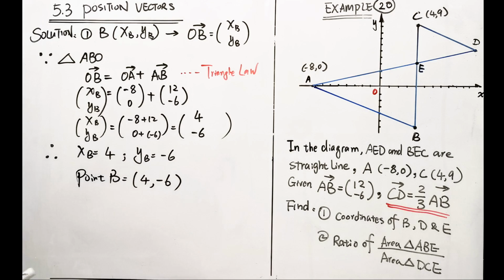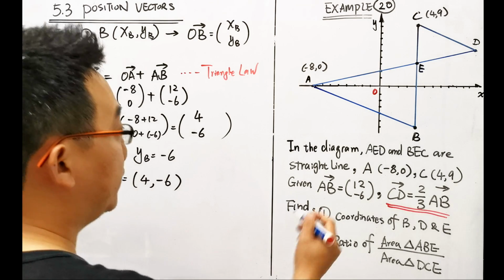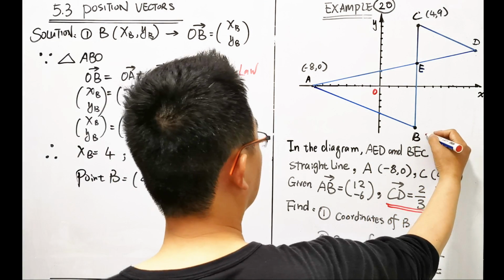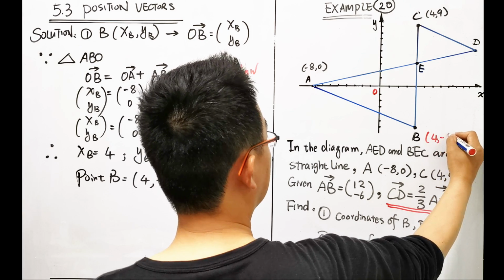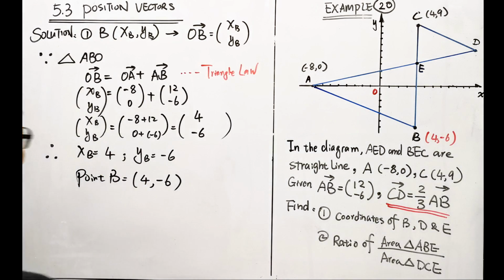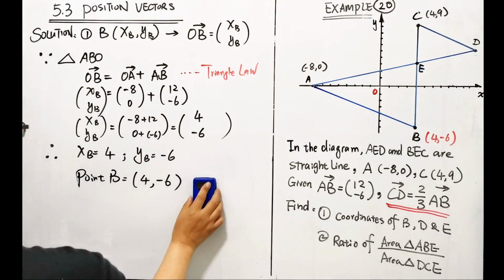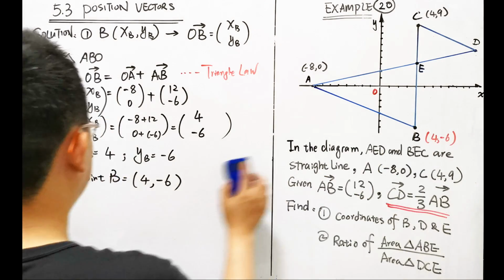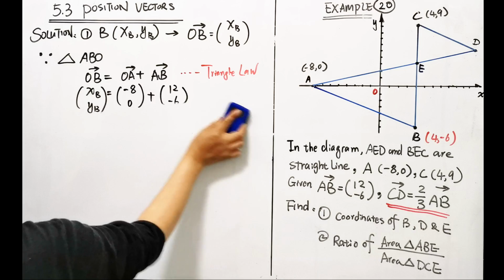That is the answer, so we can write it here: (4, -6). We found the first coordinate point. Let's remove this, we already read that.